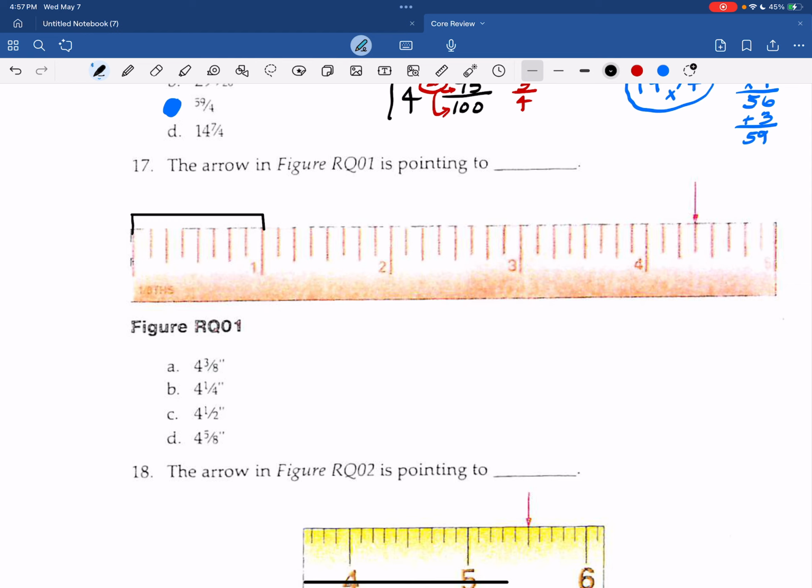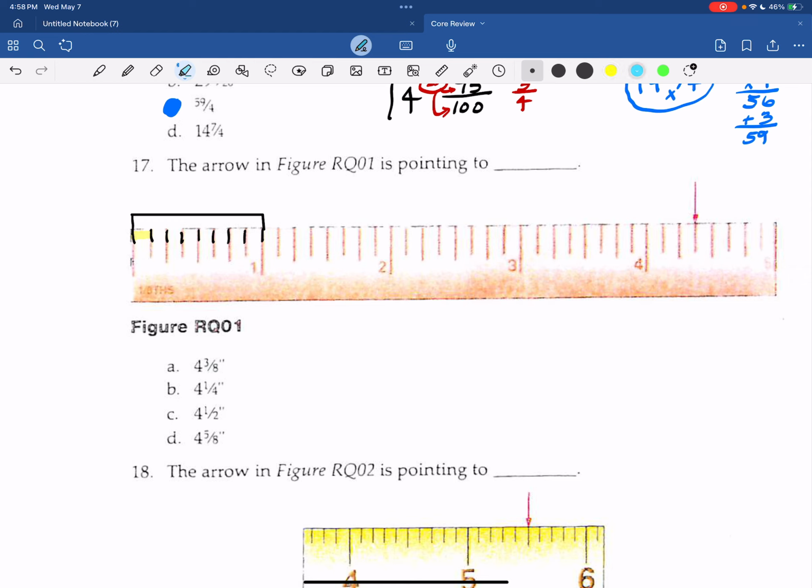If it's not 10, it's not metric. So we have 1, 2, 3, 4, 5, 6, 7, 8, 9. Technically, we don't have 9. We only have 8 spaces. You don't count the lines. You count the space between the lines.